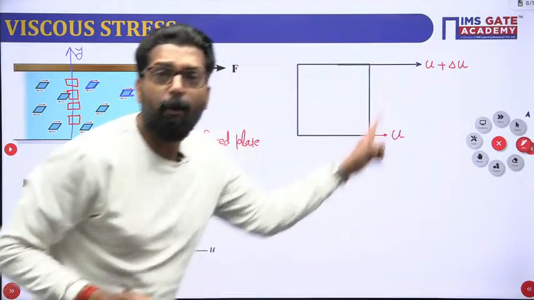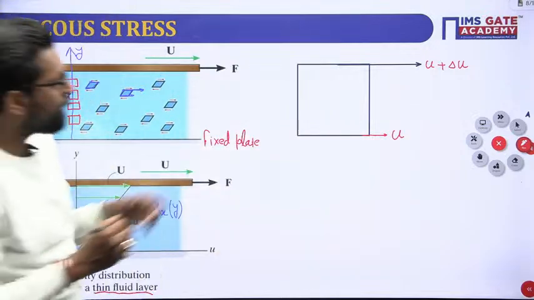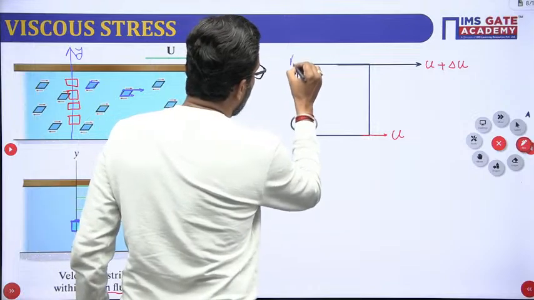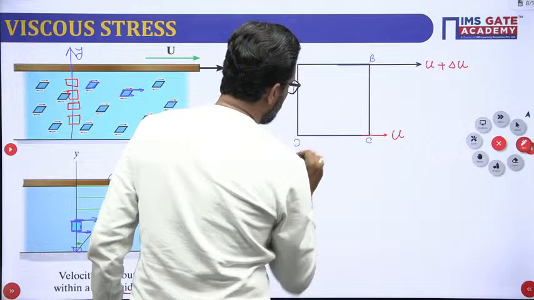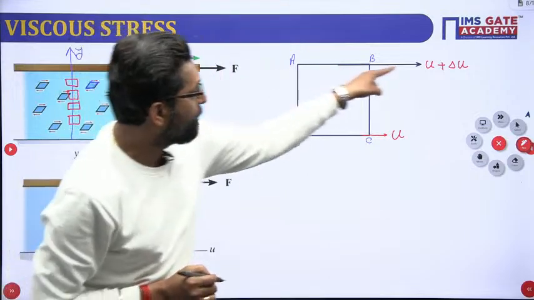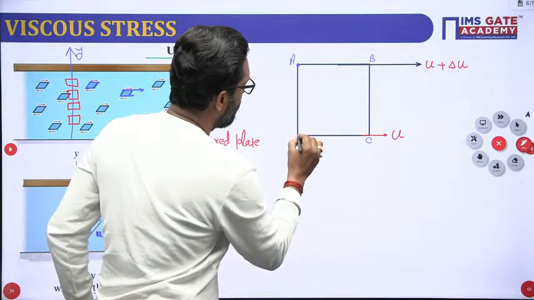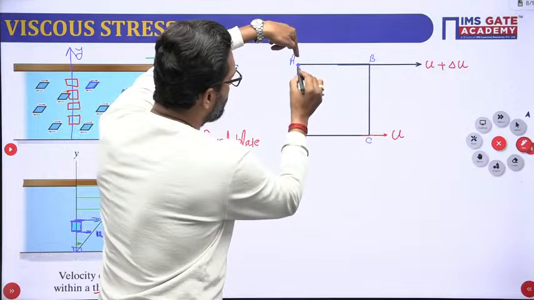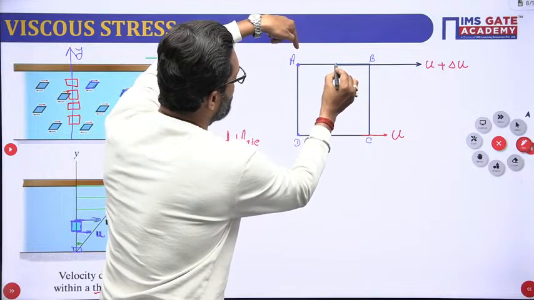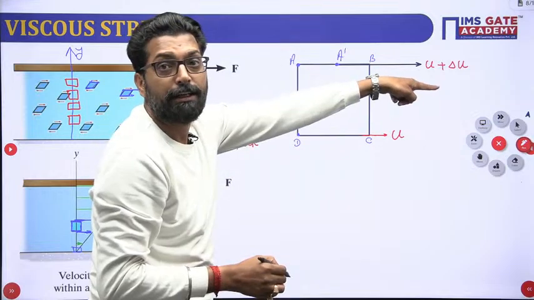Now, my dear, why are we designing this one? Let's suppose this is your A, B, C, D. Due to the high velocity, this point A, and let's suppose we have a measuring reference line here. Now this high velocity point A, after some time, will move to this point A dash due to this velocity during t time.